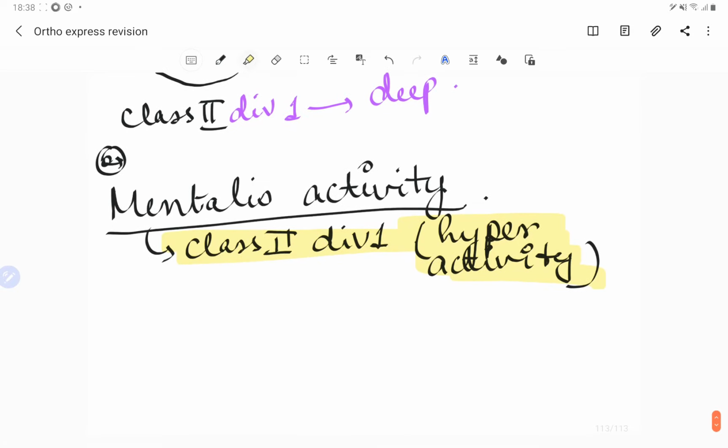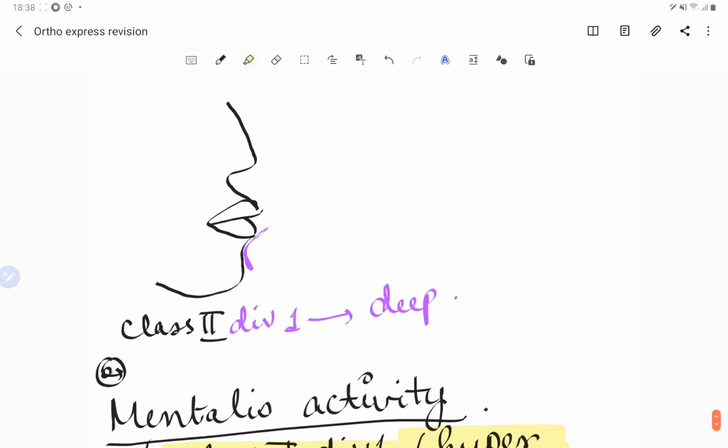Then the chin position and the prominence. Usually there is a prominent chin which is associated with a class 3 malocclusion, while a recessive chin, because there is a retrognathic mandible, we see in a class 2 case. In a class 2 case, there is going to be either a retroclined mandible or a proclined maxilla, right?